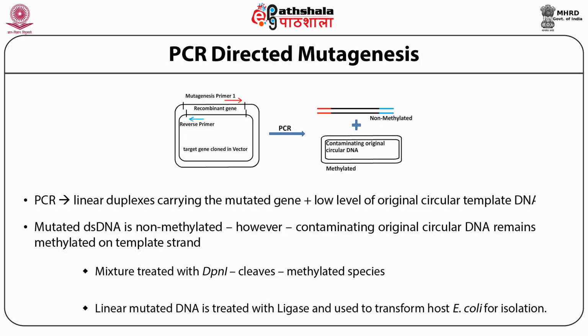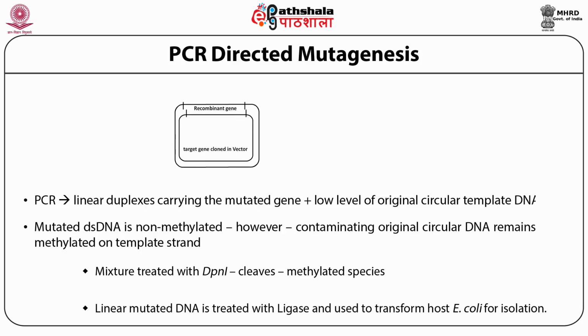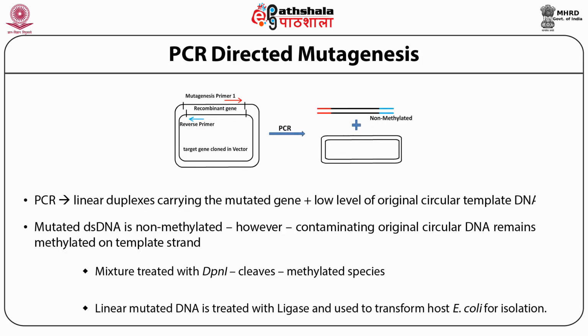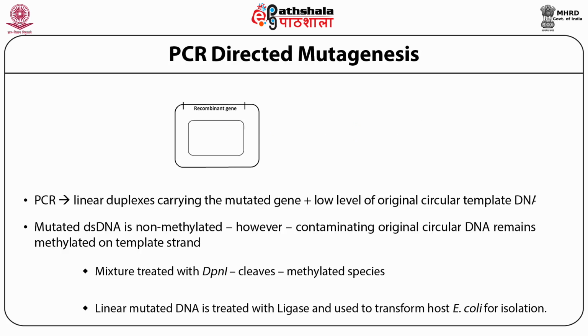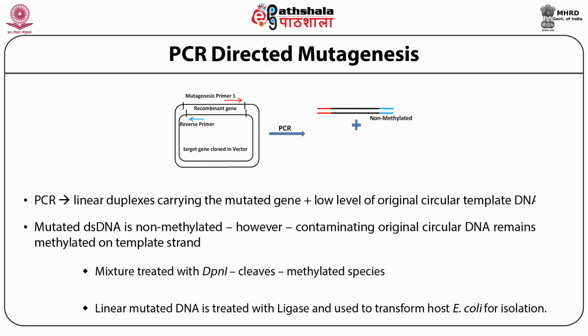Now the linear DNA can be purified from this mix and subjected to a ligase where the DNA again takes the original covalently closed form as a plasmid, and then the recombinant plasmid harboring the mutation can be retransformed into another fresh E.